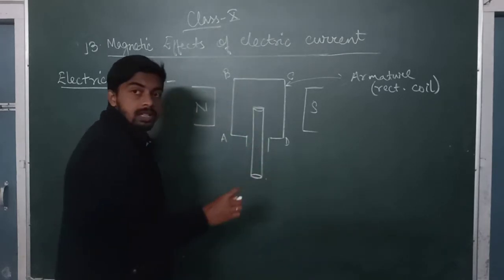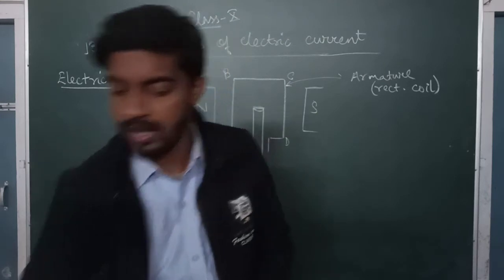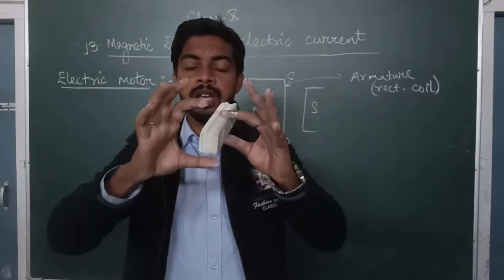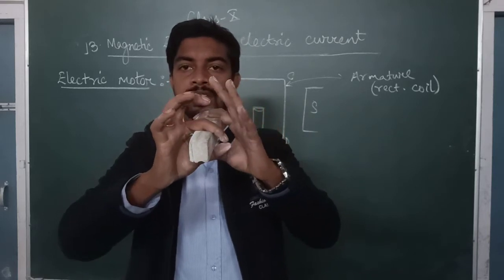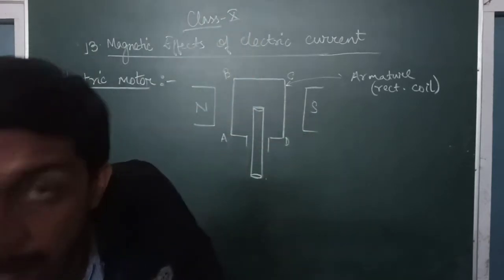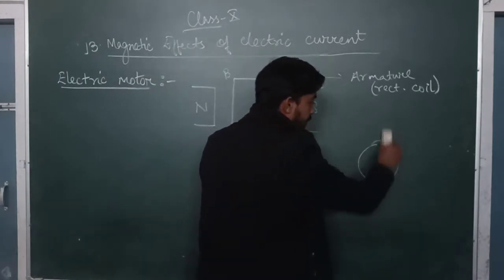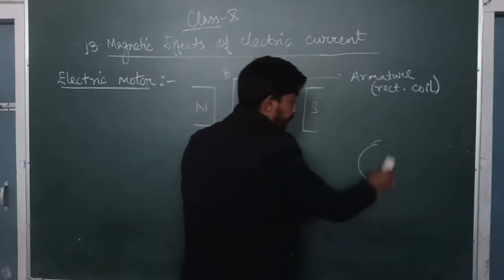Around this rod there are two rings. Just imagine if this is a rod, there are two rings holding the rod like this. These rings are not complete, not full rings; they are known as split rings, meaning they are half of a ring.